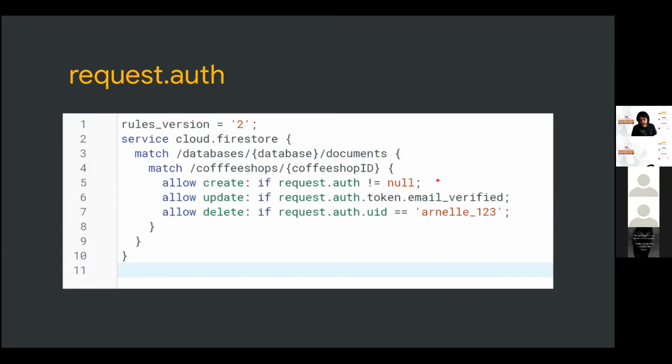We can also check specific information about the current user, like their claims, the token, if their email is of a certain pattern, or if their email is verified. And we can also check the user ID, which is unique per user per Firebase project. So if you want only a certain user to be able to access certain information, then we can write a security rule that checks directly for that user ID.